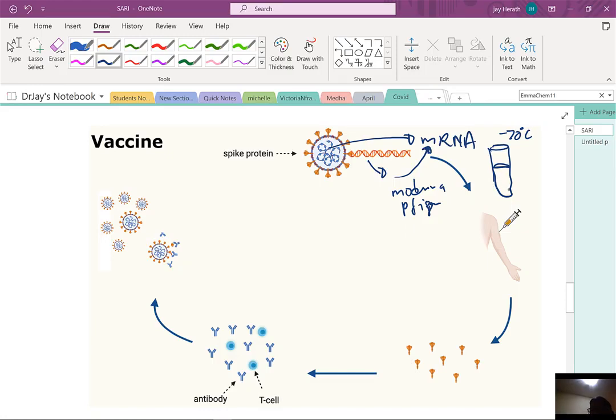This vaccine, right? So the vaccine goes in, and from that it produces mRNA, and it converts into proteins in the cell. So we produce this after the injection, right? And now these proteins are appearing.